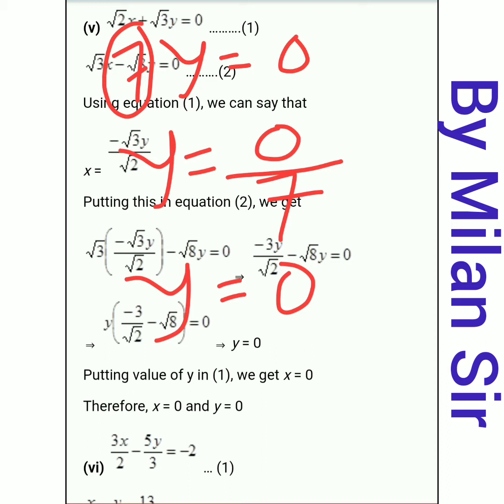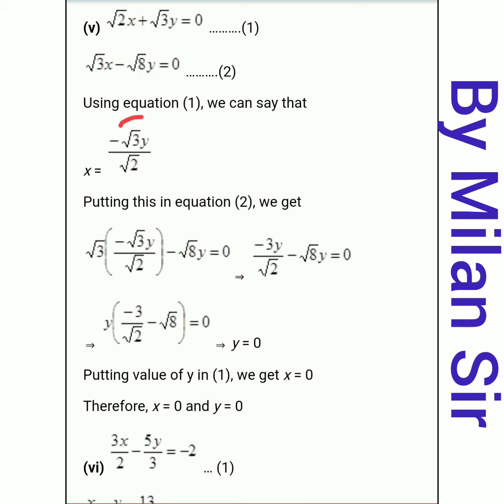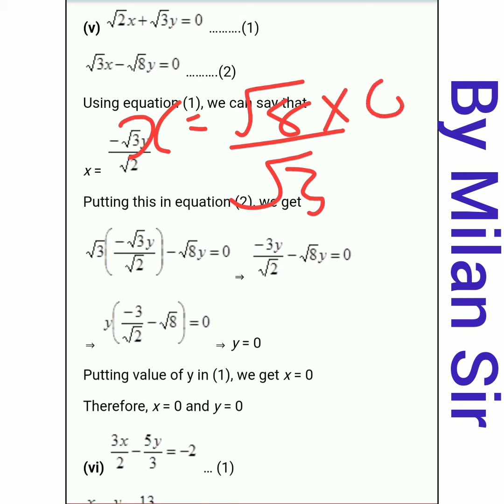Now put this value in equation number 3. What is our equation number 3? It is x = √8 upon √3 times y. Now the value of y is 0.